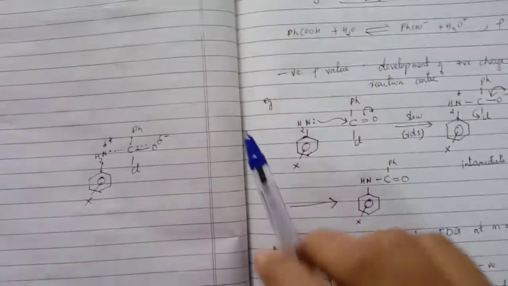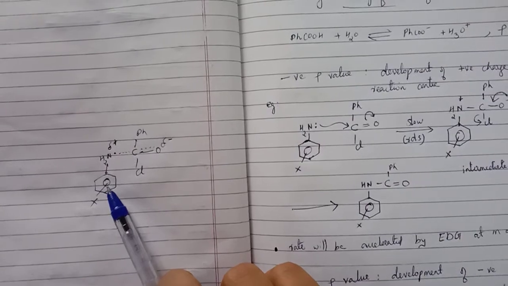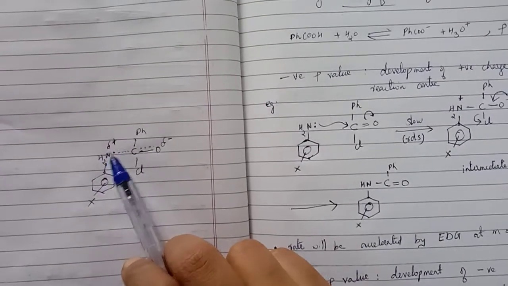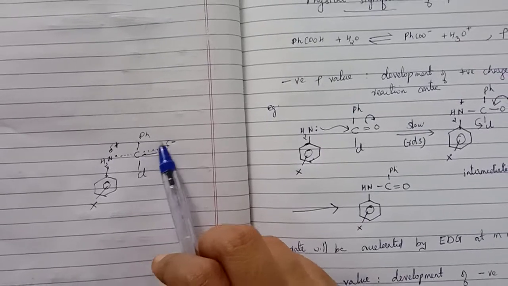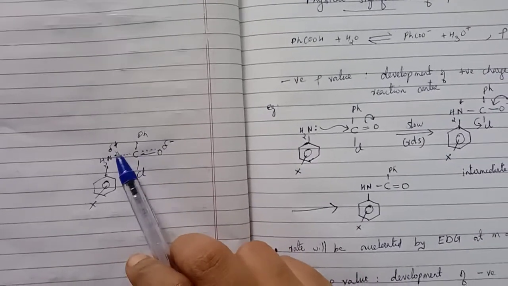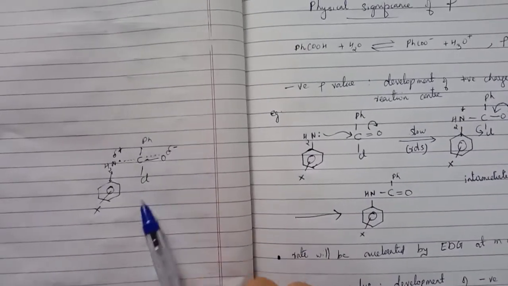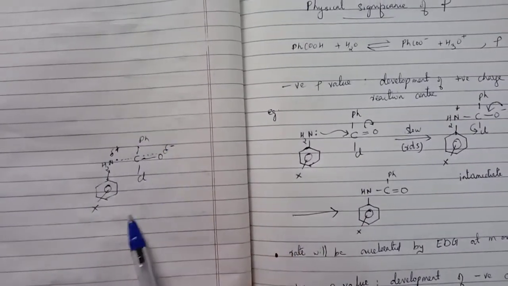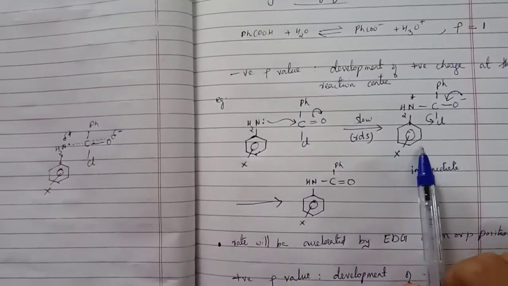From this, the transition state will be achieved first, and then the full electron will be transferred to carbon, and the full electron in this bond also will be transferred to oxygen. So here it will have a full positive charge, here a full negative charge. So we can draw the transition state like this. This is the correct transition state. Here I have shown the intermediate.